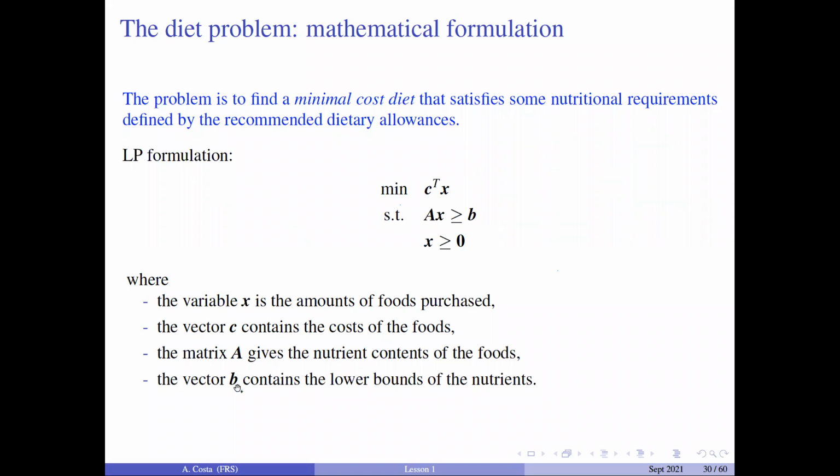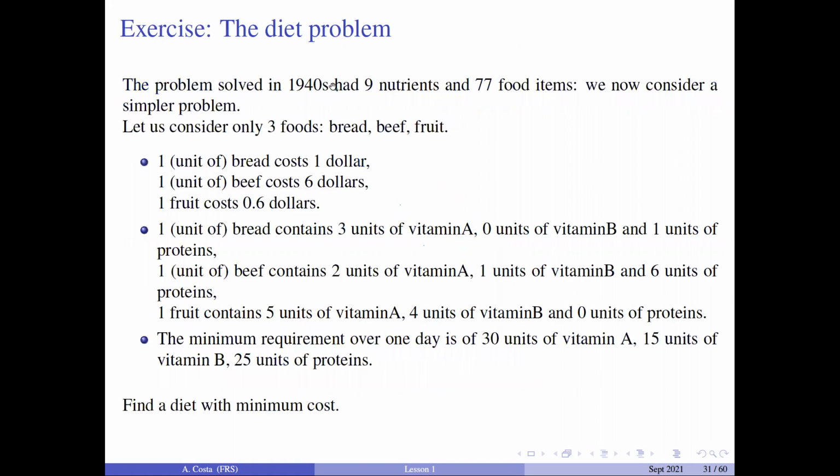And the vector B is specifying these values. What is the minimum we need for the vitamins? In the original problem, we have 77 food items and 9 nutrients, but it's too much. So we just look at a shorter version, okay? We just consider we have bread, beef, and fruit.